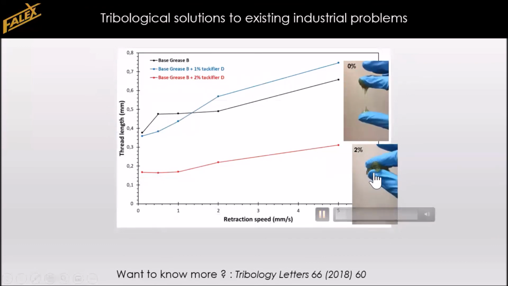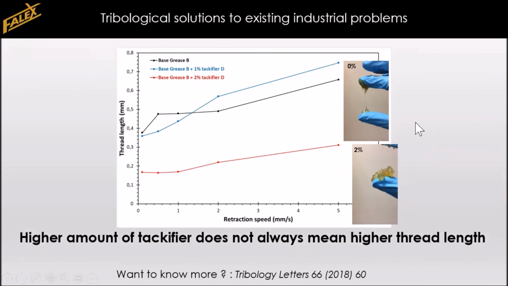And you can also see in the finger test that the grease has actually completely changed its consistency. It's become much more of a gel, and it doesn't form any threads anymore. So the method also allows us to really quantify and repeatedly measure these kind of maybe unexpected effects of tackifier additives.